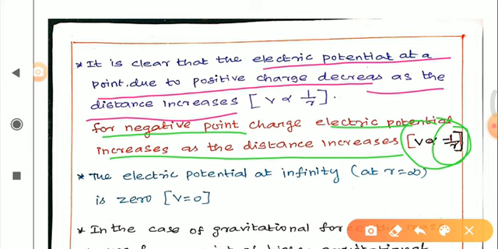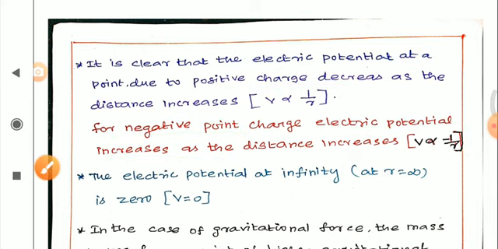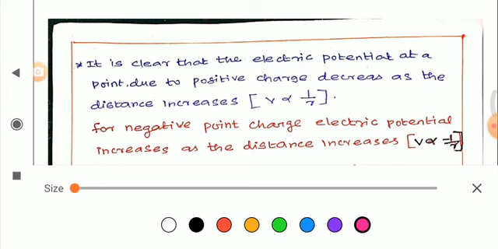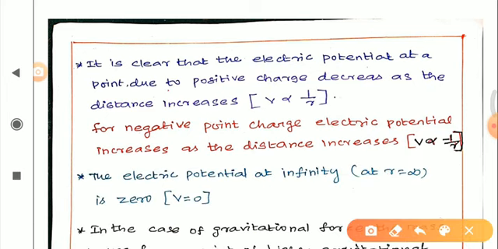You have to be clear on these two points. The first part is discussing positive charge. What is the formula? It is proportional to 1 by R. So we have to understand this is inverse proportion.